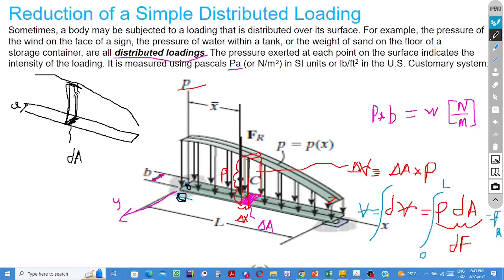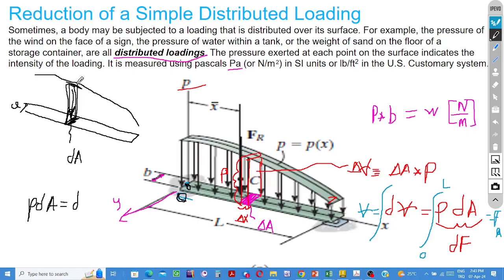Where we have the corresponding force, load. If we multiply the contact area over here with the pressure at that place, then it is going to be the magnitude of the force.